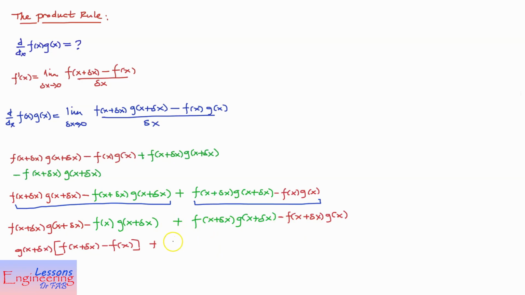So I will take that out, f of x plus sigma x, and those two will remain. That is g of x plus sigma x minus g of x, okay, all right.